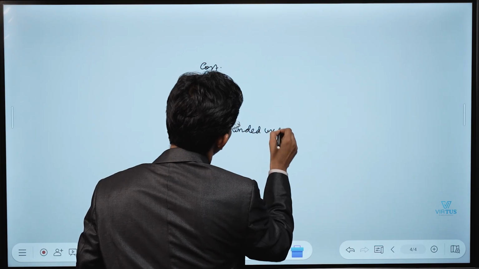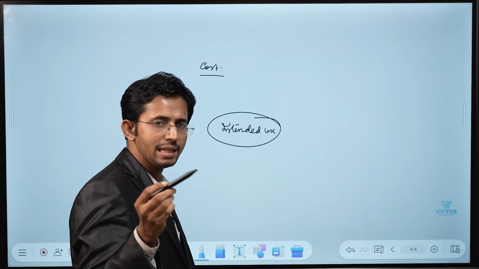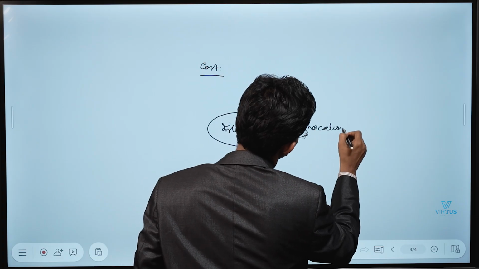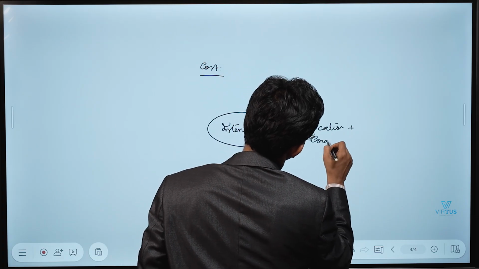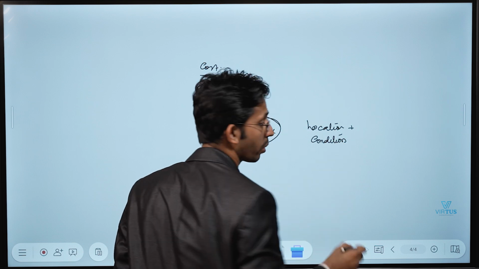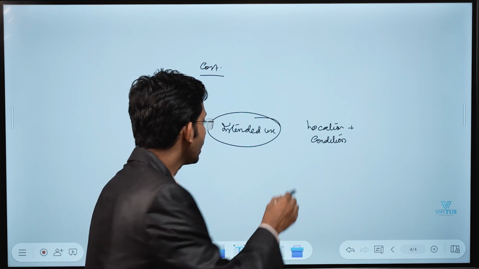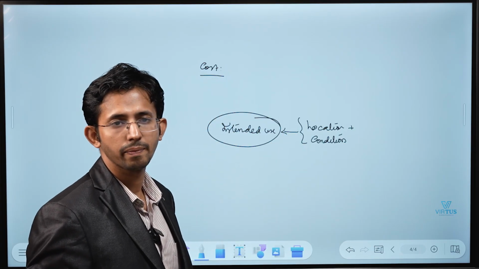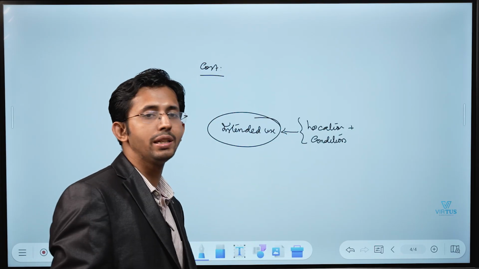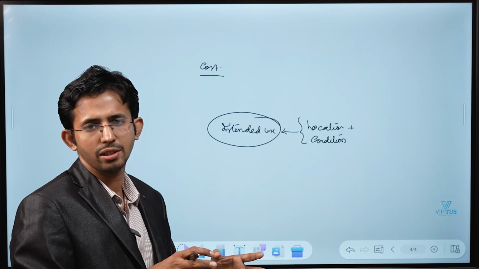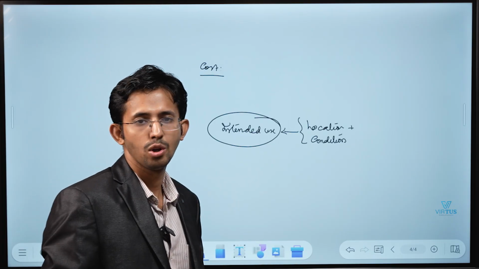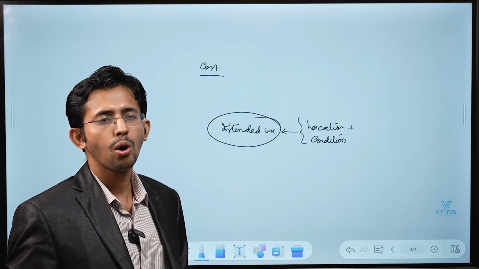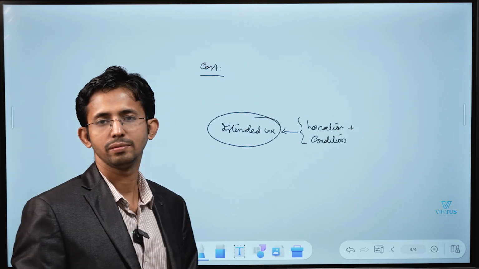Intended use of the PPE. Whatever cost you incur to bring that asset to the location and the condition, for it to be capable of operating in the manner intended by the management, all such cost can be capitalized.